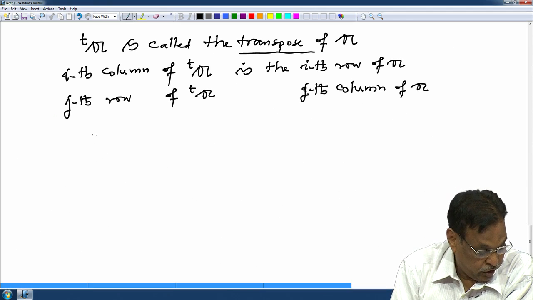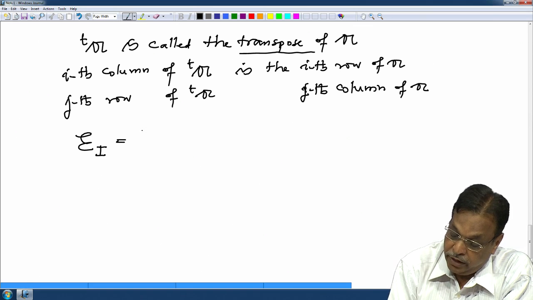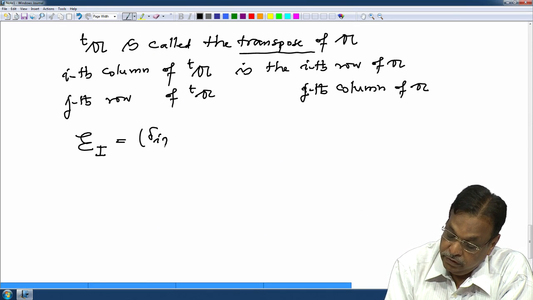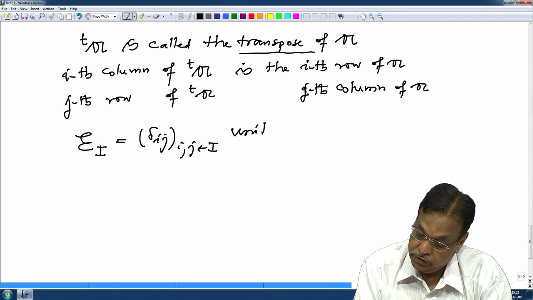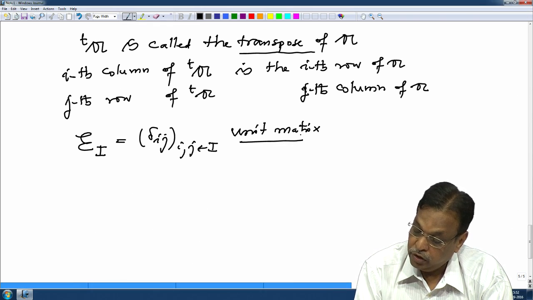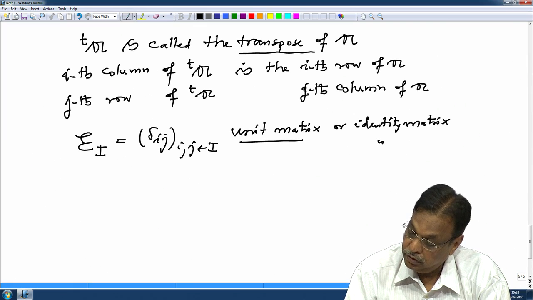The unit matrix or identity matrix we have denoted by E_I. This is the matrix delta_ij, i, j in I. This is either called the unit matrix or the identity matrix in M_I.